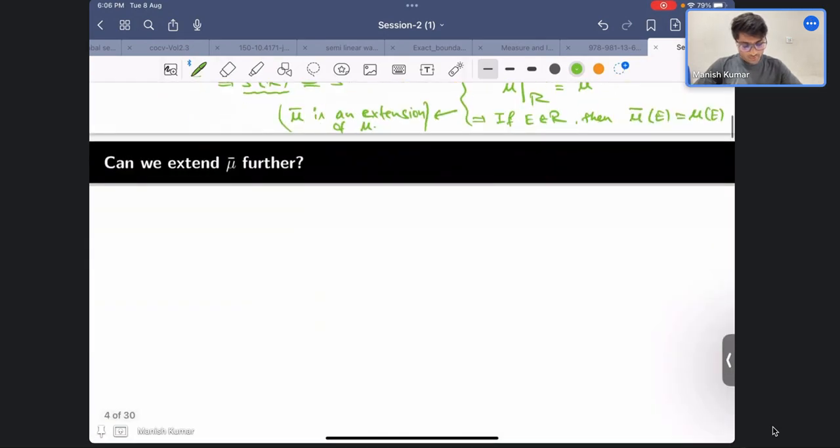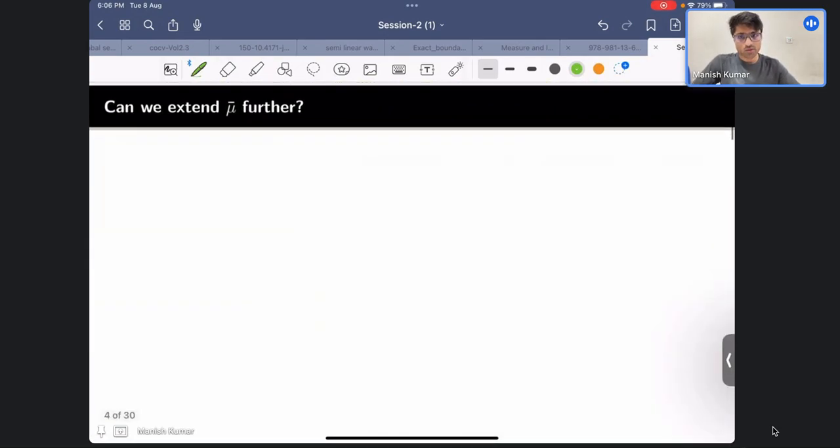Okay. So what you initially did was that you had some measure mu, and you extended it to get measure mu bar. Now the next question is, can we extend this mu bar further, right? If you recall, if we were given a measure mu, we defined an outer measure, right? So let us see what the outer measure for mu bar will be. Let me recall the definition of mu star first.